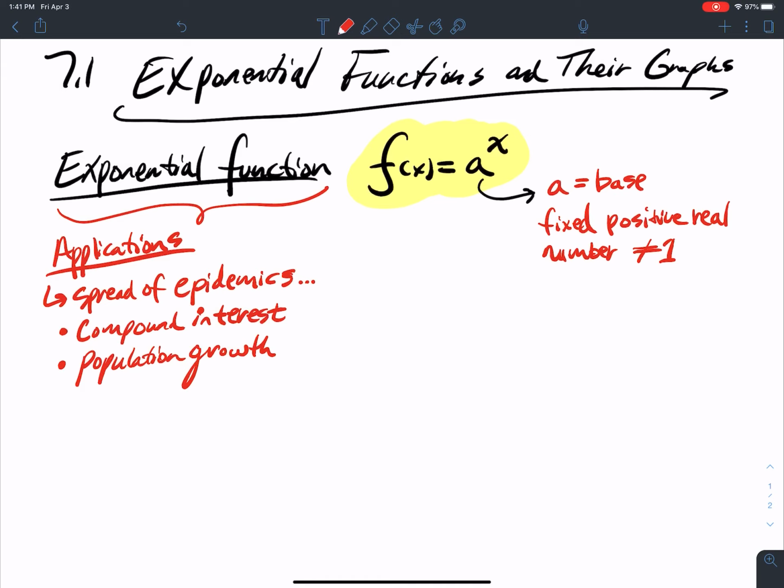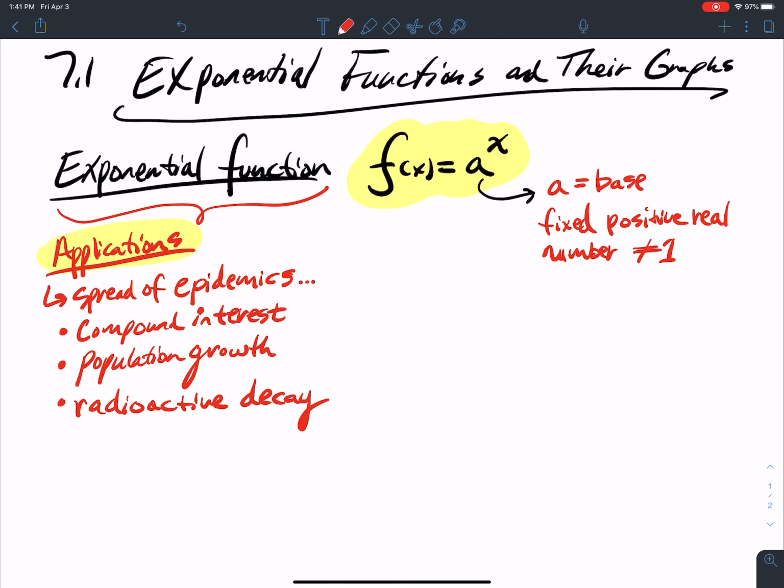Viruses or whatever develop and kind of level off the population. Some overpopulated areas is kind of Mother Nature's way of taking care of things. Also radioactive decay. It's another application for exponential functions, okay?